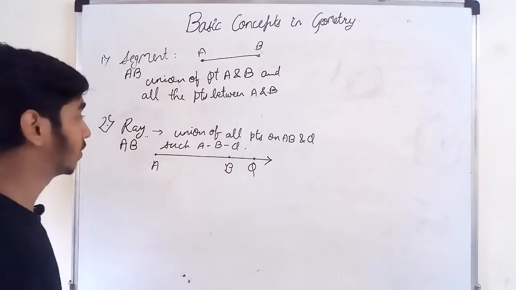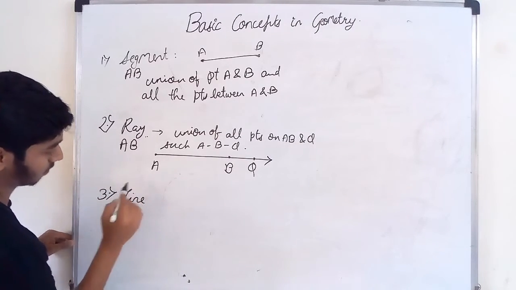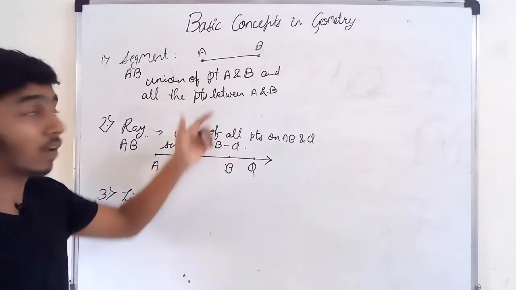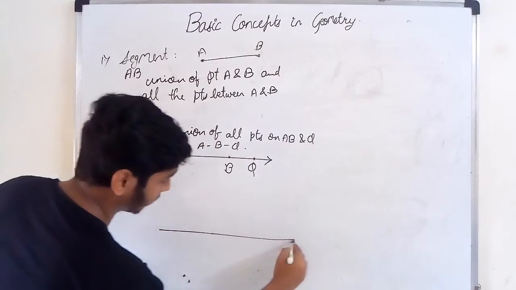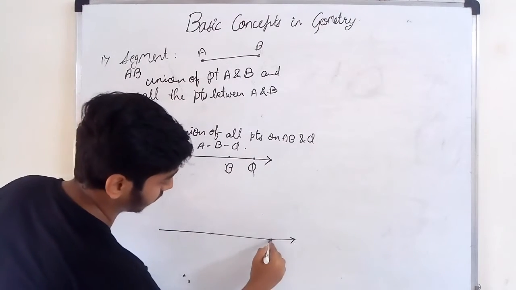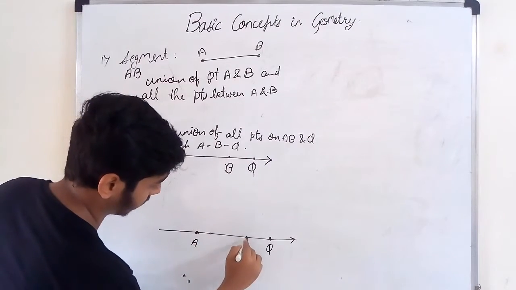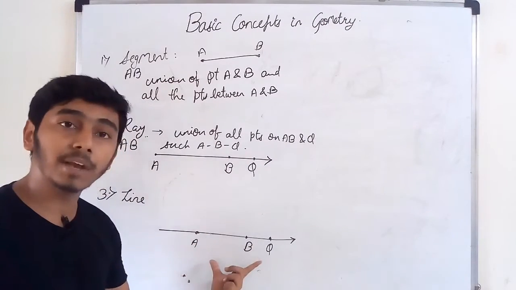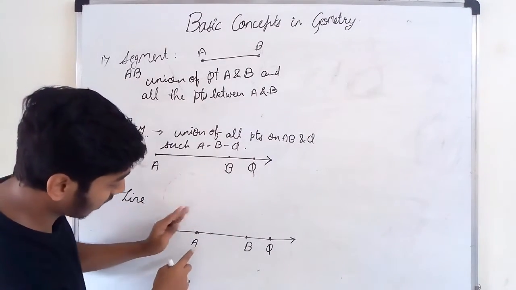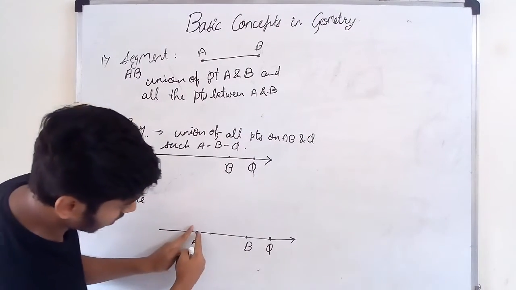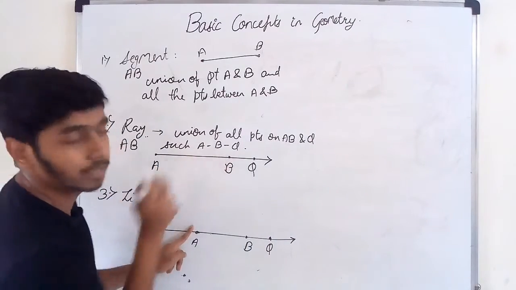Now let's see what a line is. From segment and ray, line is derived. If you have segment AB already, then there is Q. From point A to Q, if you ignore this part, is ray AB.